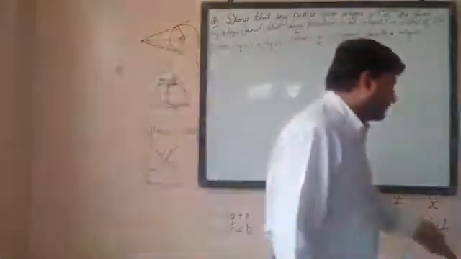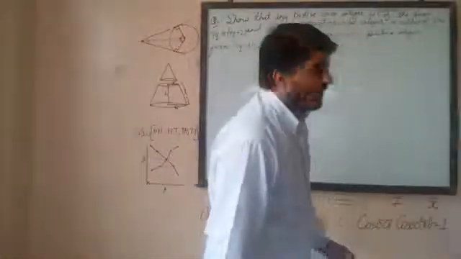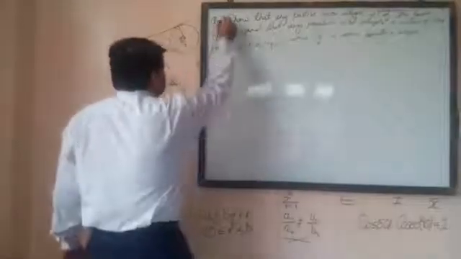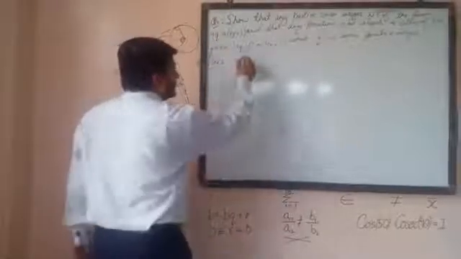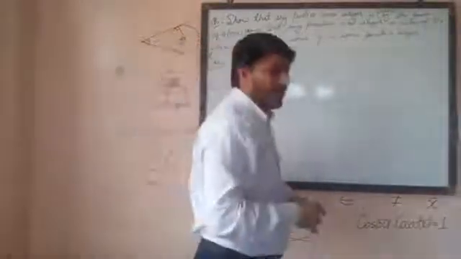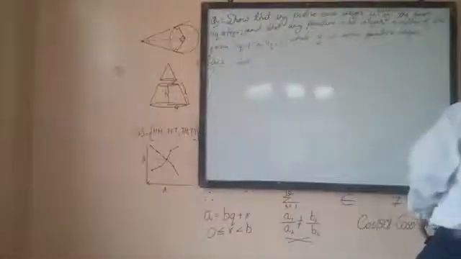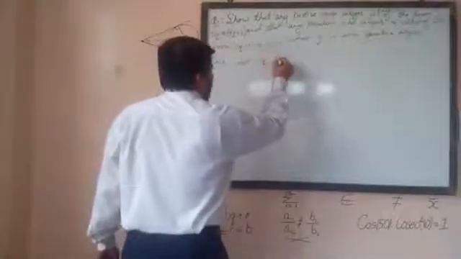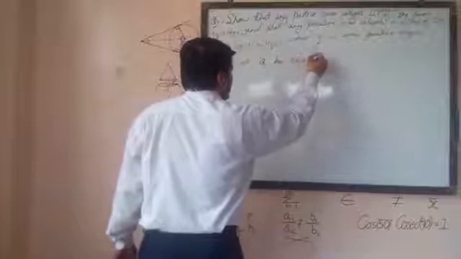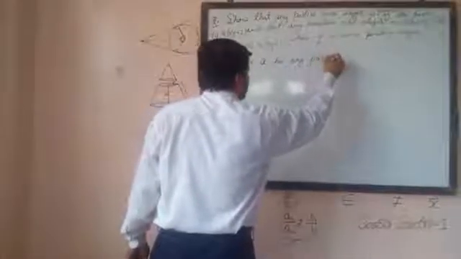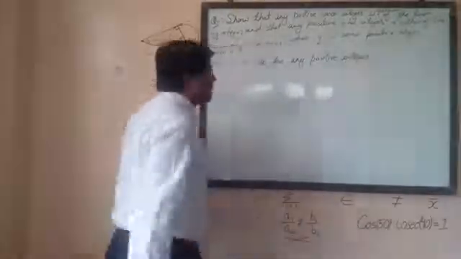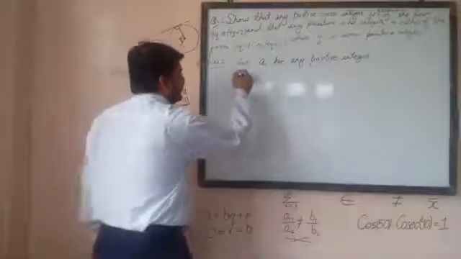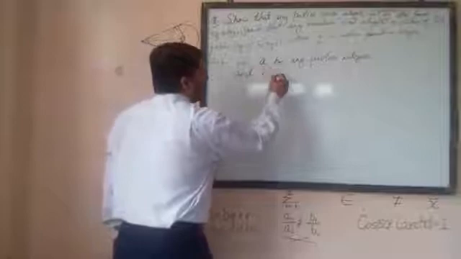Now let us prove this using Euclid's division lemma. The answer to this question is: let A be any positive integer and B. This time what do we keep B as?